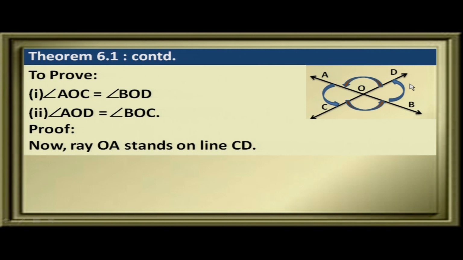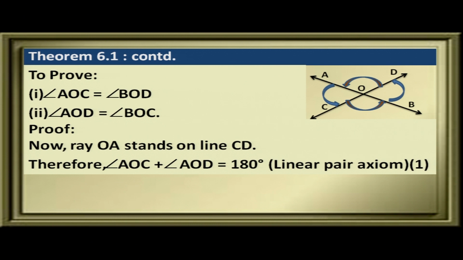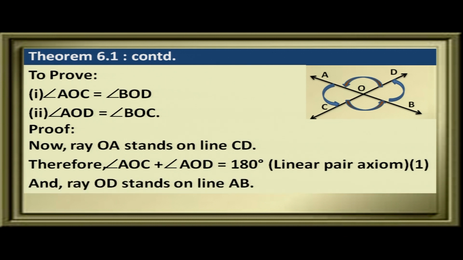So, a linear pair is formed. So, angle AOC plus angle COD is 180 degree, that is from linear pair axiom. Let the number of this equation be 1.